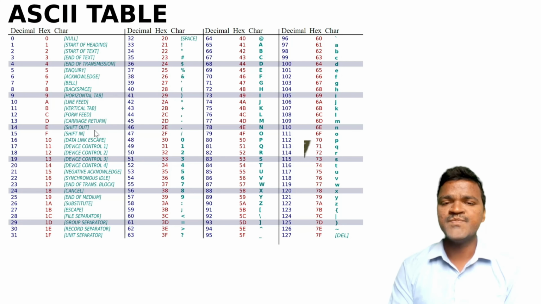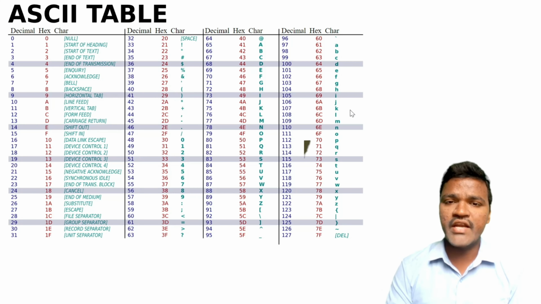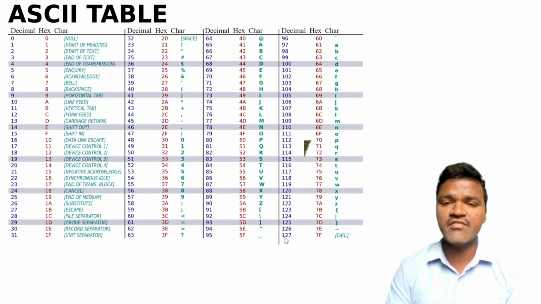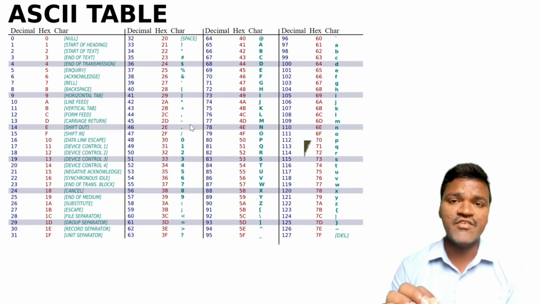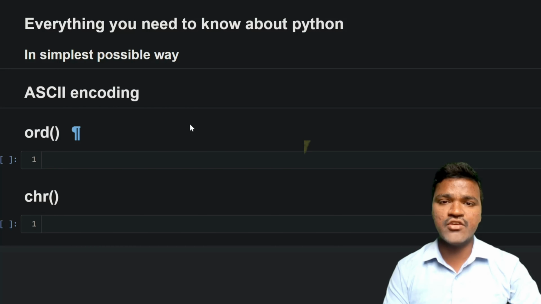What this ASCII encoding does is that all these special characters, numbers and alphabets are encoded with special decimal values. You can see here from 0 till 127, we are encoding all of these alphabets and special characters with their equivalent integer number, and that is considered as ASCII encoding.